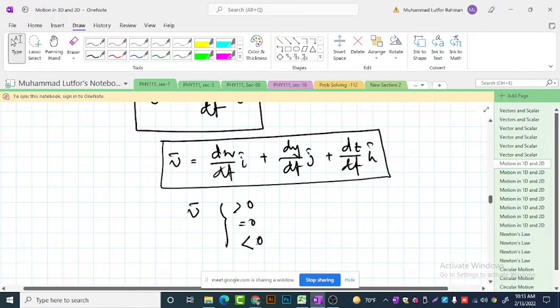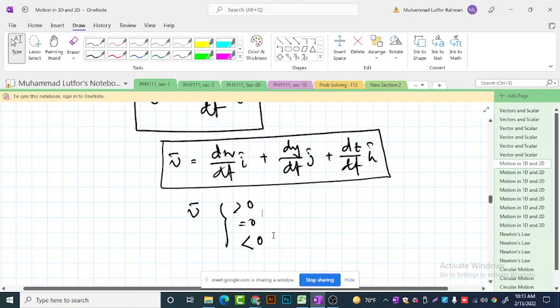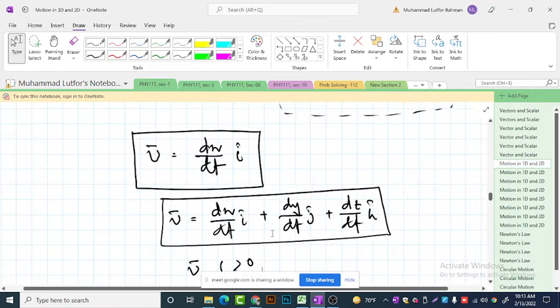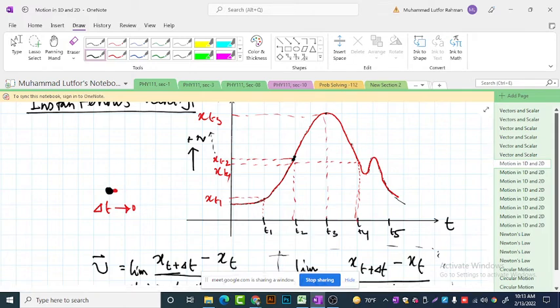When it is greater than 0, I hope you understand that depends on which direction you are taking as positive. For example, since I choose this direction as positive, if I move towards that direction, definitely my velocity would be positive. If I move in the opposite direction, the velocity would be negative. Fine.